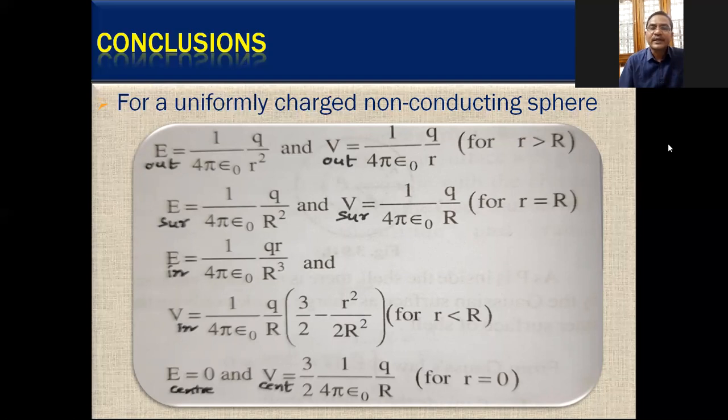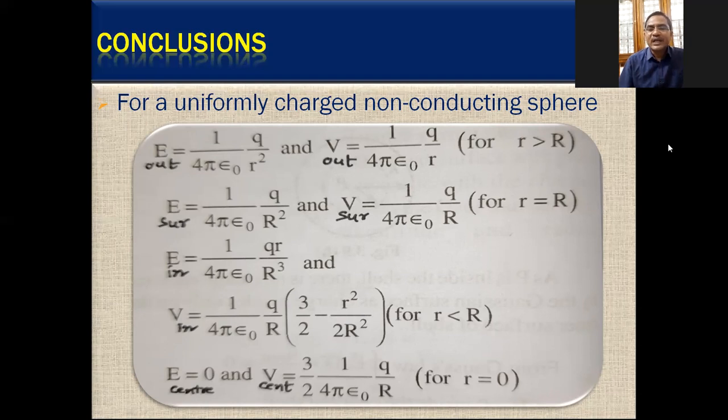Then the electric field strength inside the non-conducting sphere is 1 by 4 pi epsilon naught Q small r by capital R cube. The corresponding potential is 1 by 4 pi epsilon naught Q by capital R into, in brackets, 3 by 2 minus small r square by 2 capital R square.